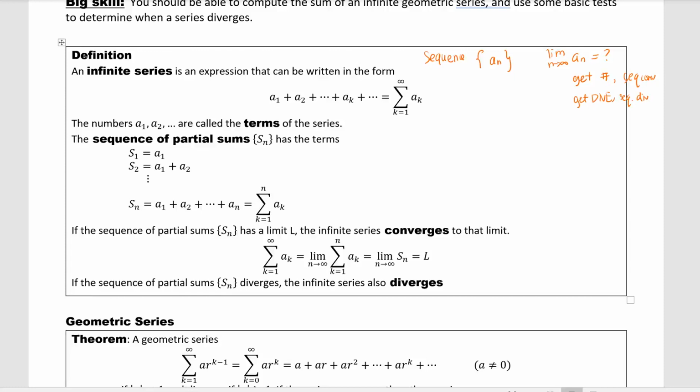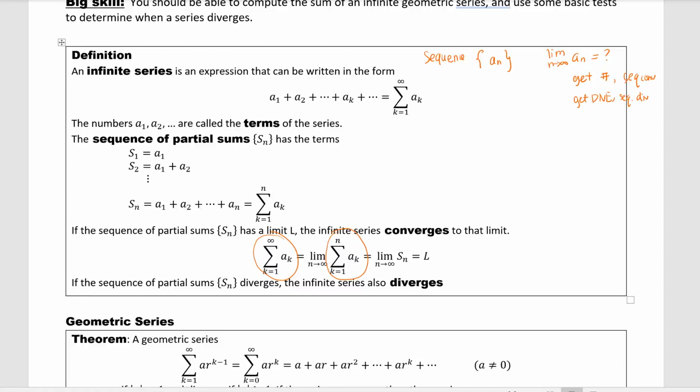So we have the series, the sum of all the terms in the sequence, equal to the limit as n goes to infinity of the partial sum s sub n, and that equals L. If this sequence of partial sums has a limit, then the series also converges to that limit.